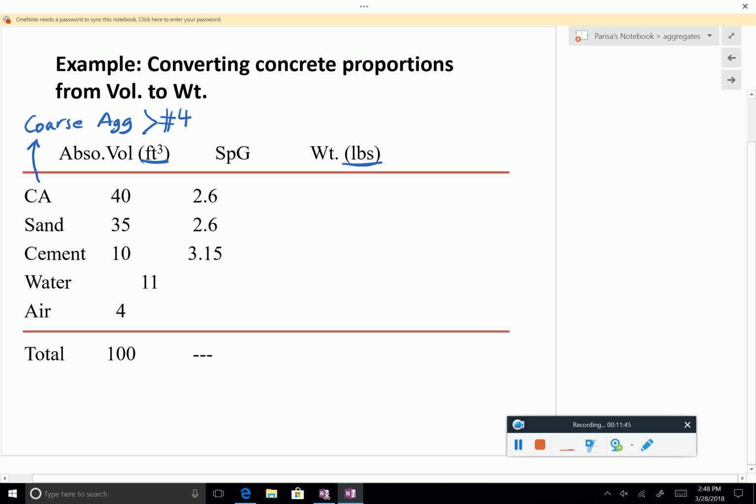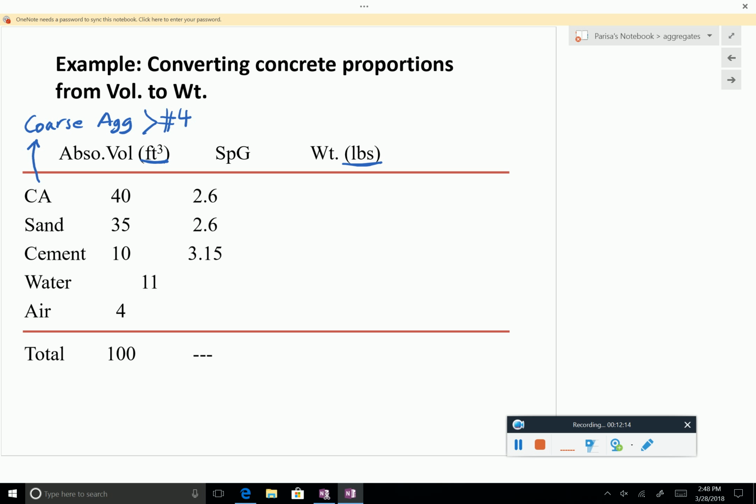Sand is what passes through sieve number 4. Then we have cement, water, and air. So just to make sure that you are not falling asleep, try to complete this table. Specific gravities are now given for different materials. So CA again is coarse aggregate, sand is fine aggregate, cement, water, and air.